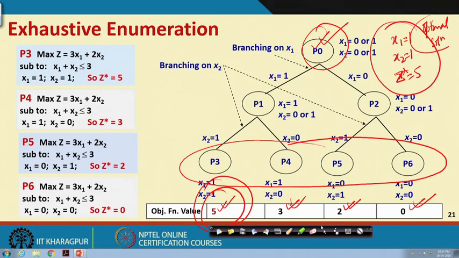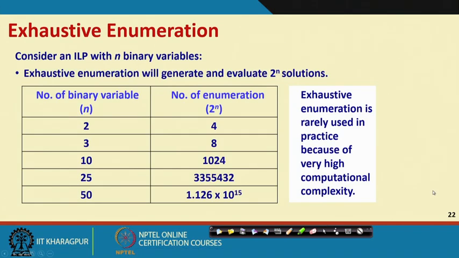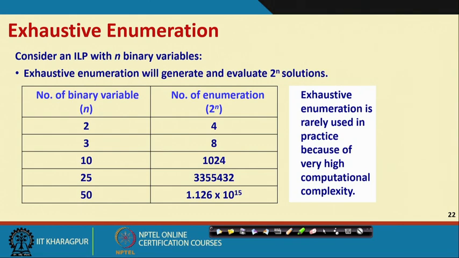Anyway, it is a fairly easy, very simple problem we took. So, there is nothing much to worry. Let us see a slightly other issue. The problem is that if we are really doing binary bifurcation, so if number of binary variables are 2, number of enumerations are 4. If we had 3 variables instead of 2, number of enumerations would be 8.